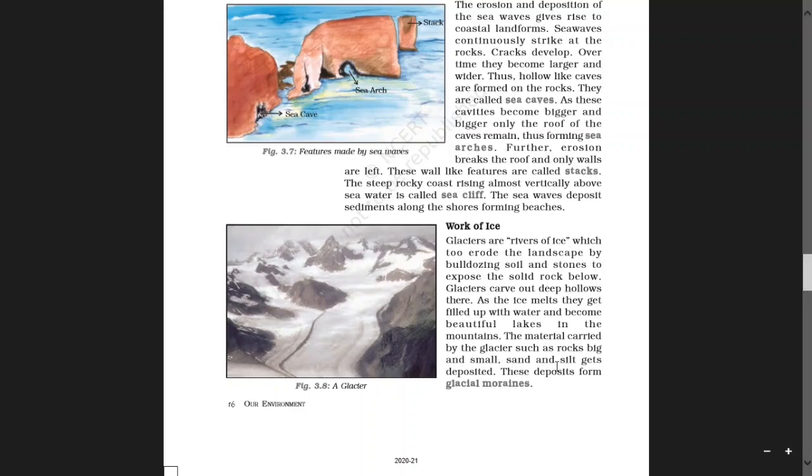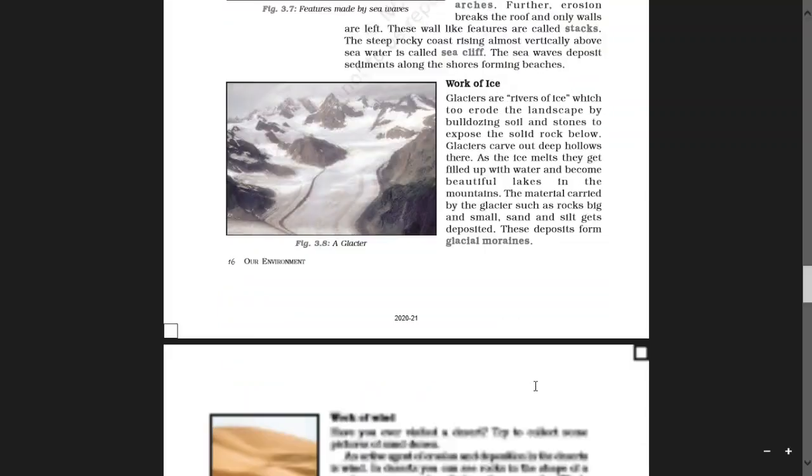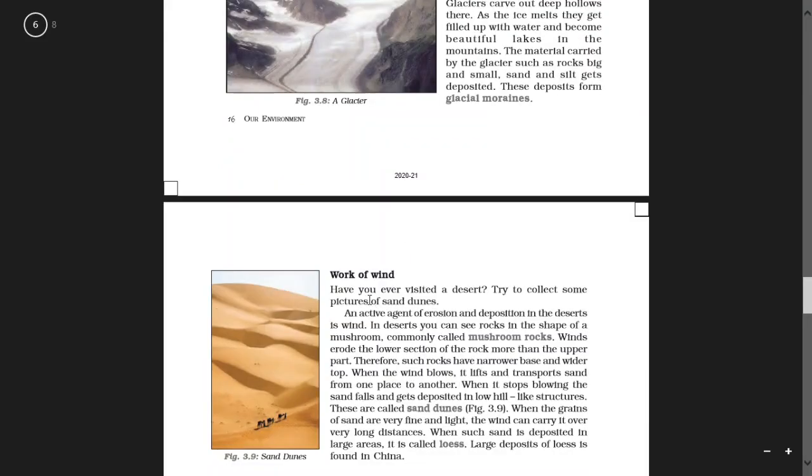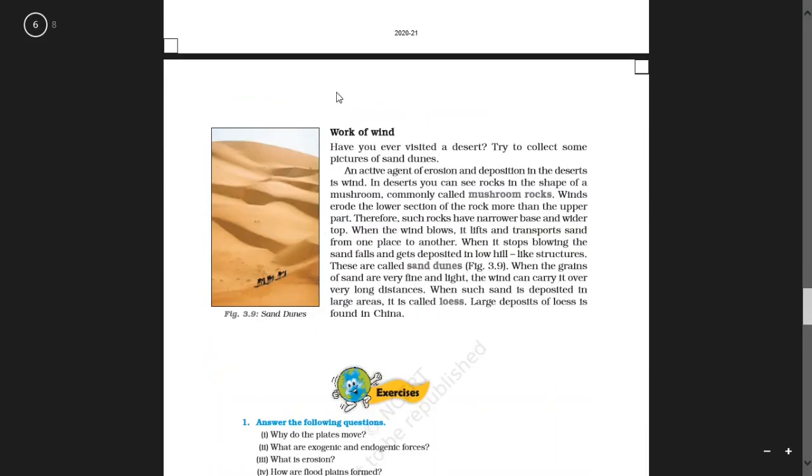These deposits form glacial moraines. See the formation of glacial moraines. Now the last part of the chapter is work of wind.